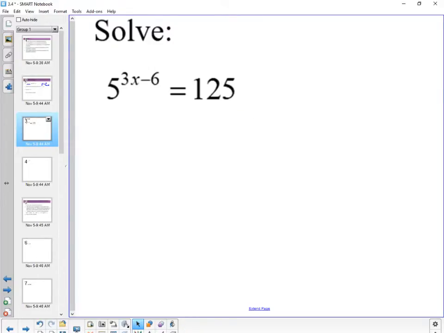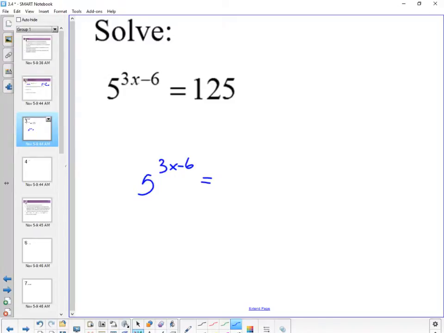Let's solve this. Oh, Mr. Munoz, that'll be 5 cubed. Those aren't the same base. You can't do this. Miss Price, you said yes you can? How so? Yeah, you can. Here we go. If they don't have the same base, I want to convert them in such a fashion where they do have the same base.